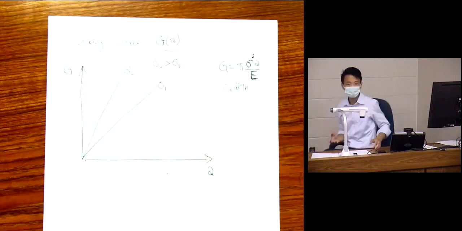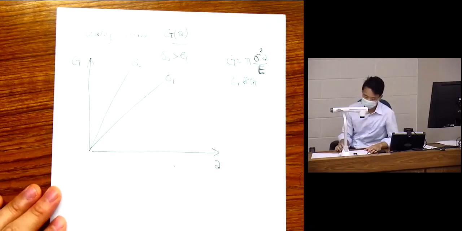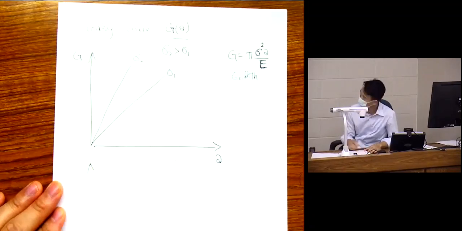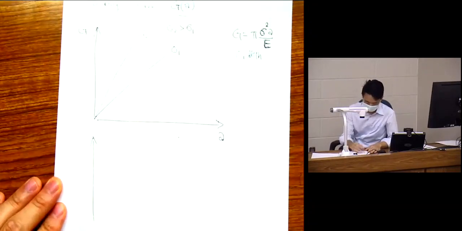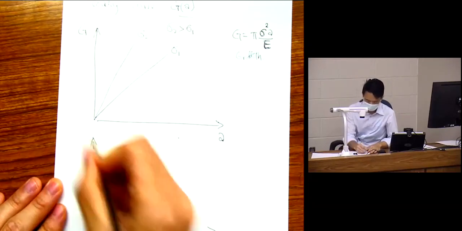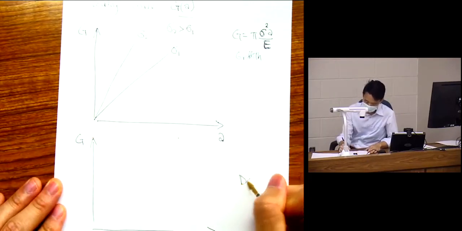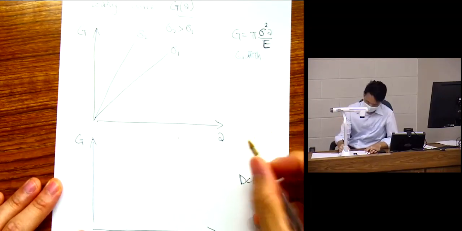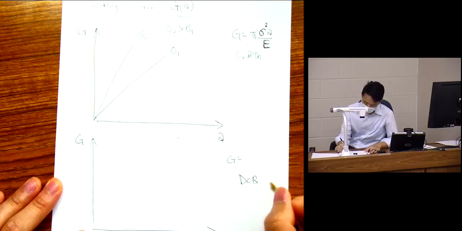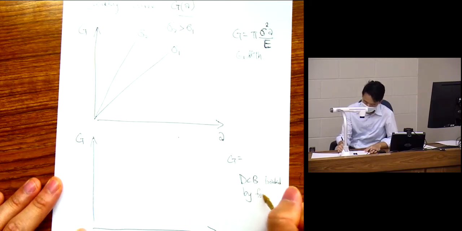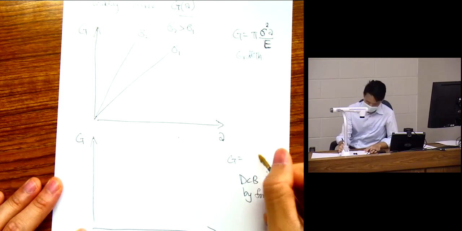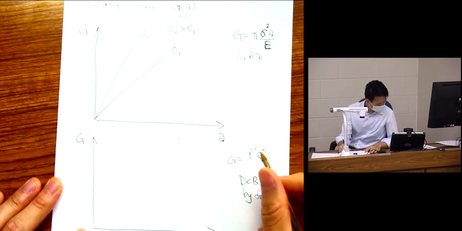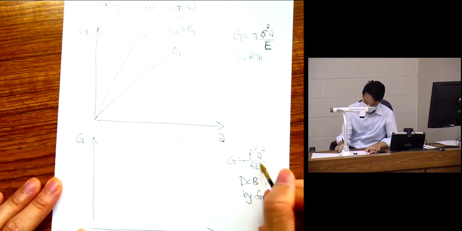Now the double cantilever beam is different, right? For the DCB loaded by a force P, the G goes with P squared, A squared, over BEI.